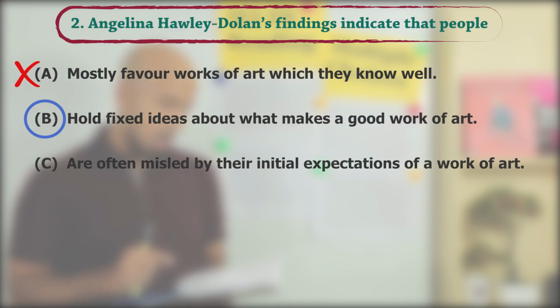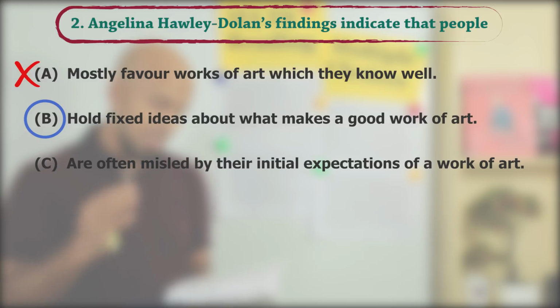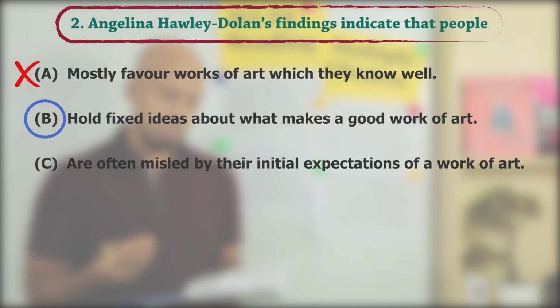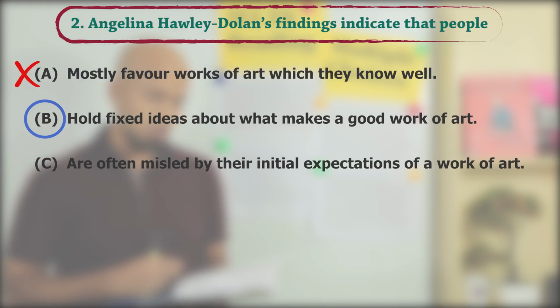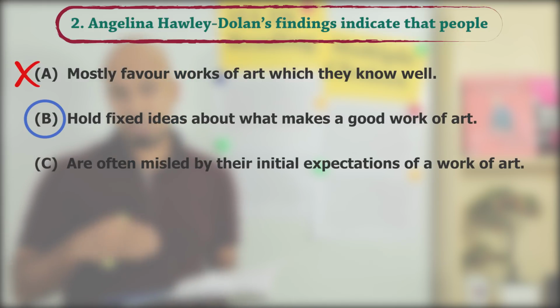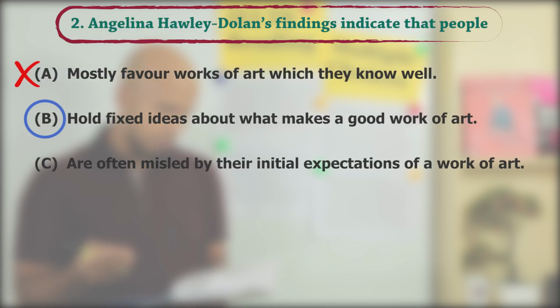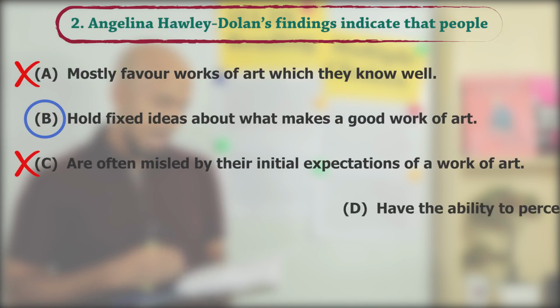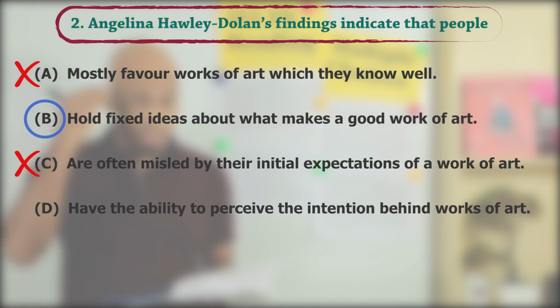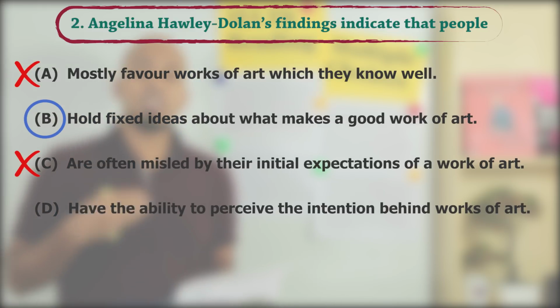Let's read C. Are often misled by their initial expectations of a work of art. Whether they are misled by anyone, it could be, but the last sentence doesn't say anything about whether they could be misled. Number D, have the ability to perceive the intention behind works of art, I mean any paintings.